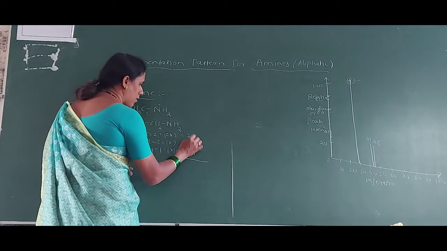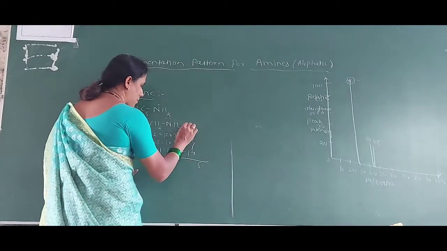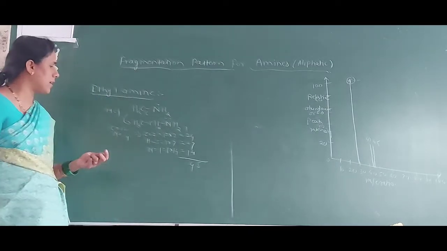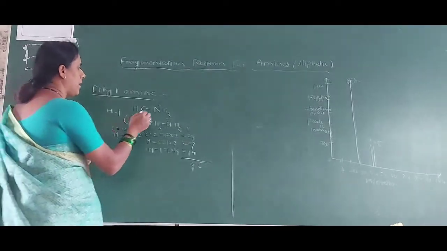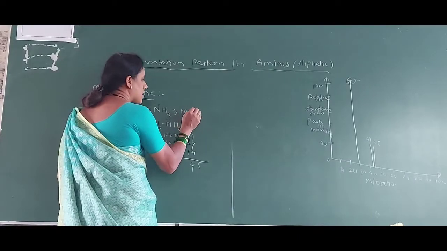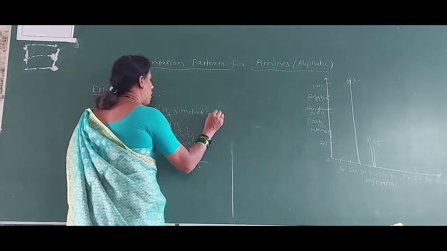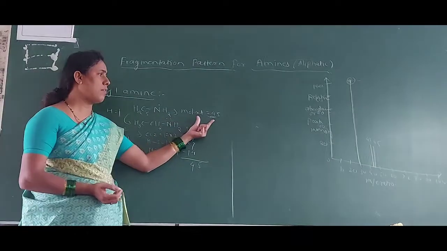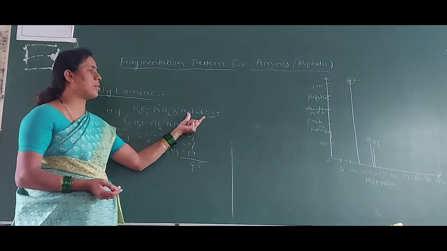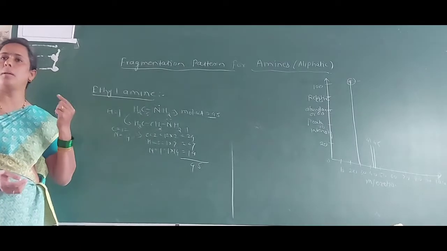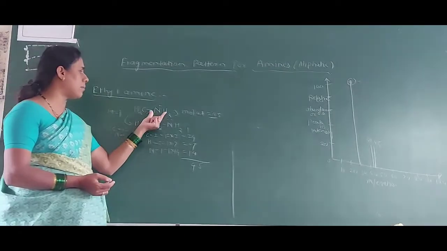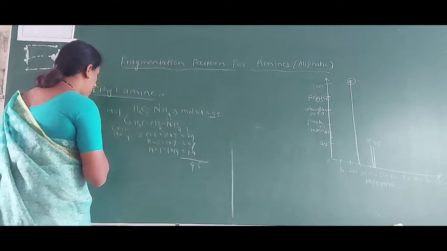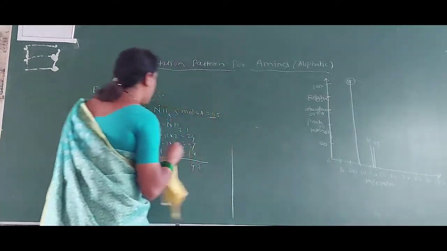The total is 24 plus 7 plus 14, which gives a molecular weight of 45. Whatever the molecular weight of this compound, that is its molecular ion peak after bombardment of electrons. So let us study how the fragmentation is formed here.